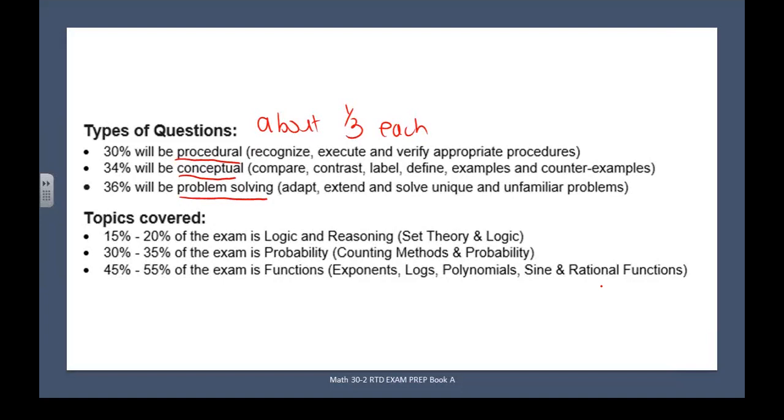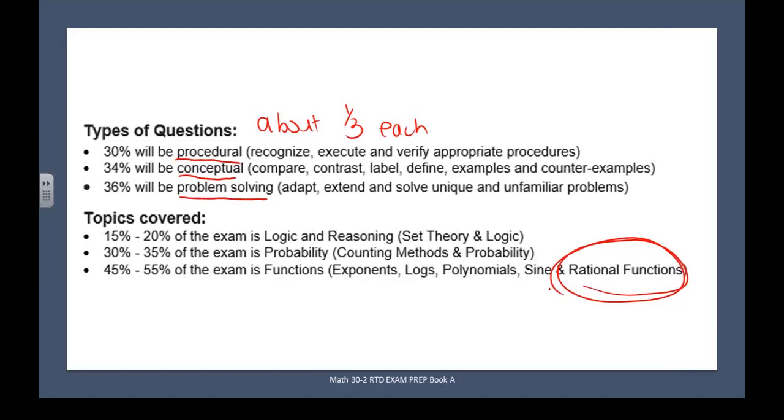In terms of the content you're going to have, tonight we're working on rational functions. That's about half of the exam. So about 1/2 of the exam is rationals, sine, polynomials, exponents, and logs.